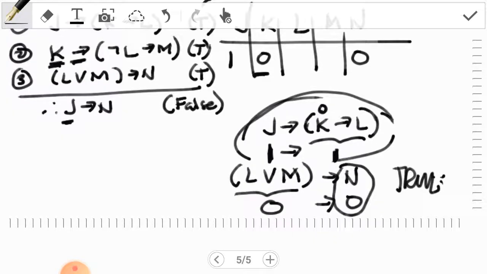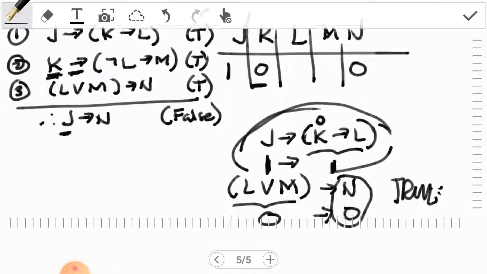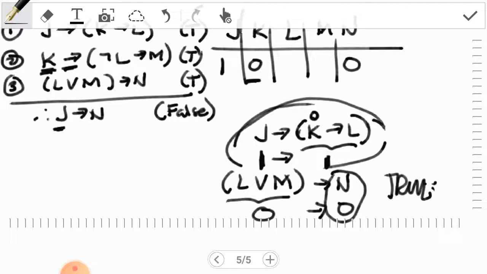Therefore, let's just set the values of L and M based on the third proposition. We want this to be false. This is an OR. Therefore, when is the value of the disjunction equal to false?